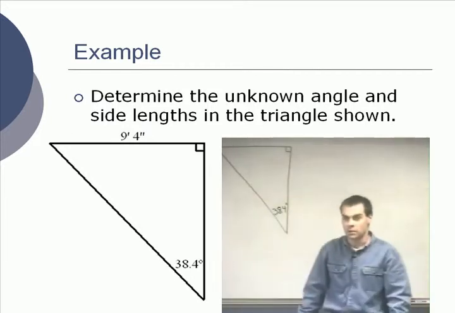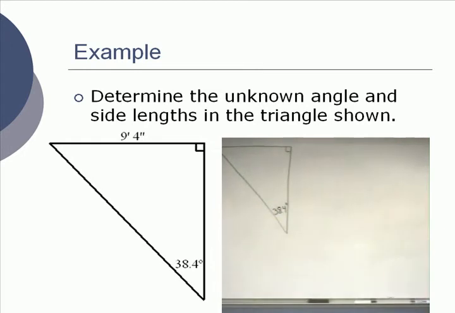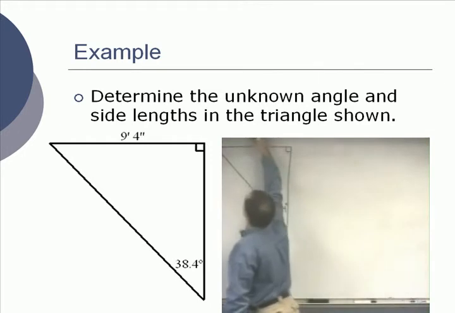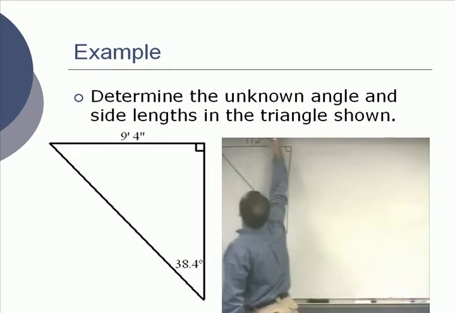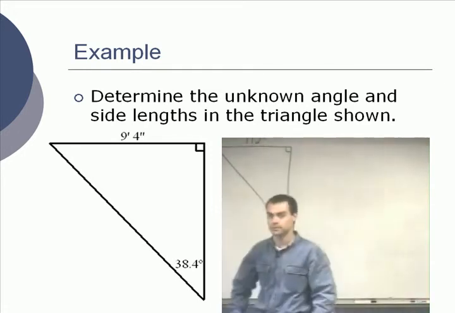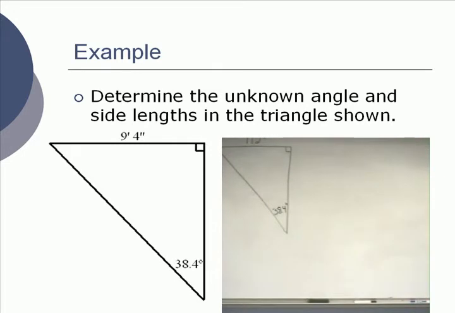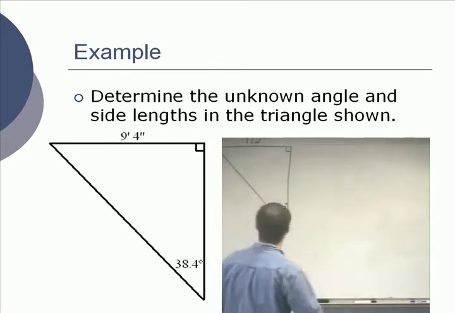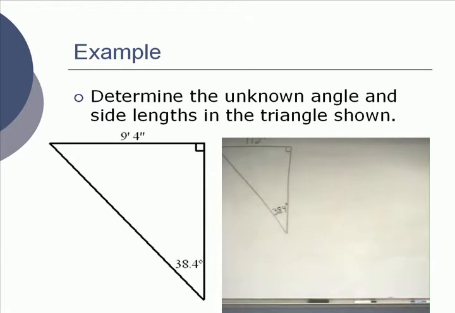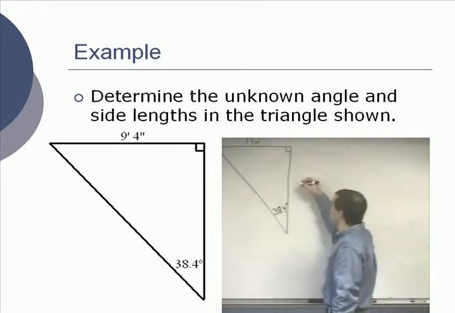Let's just put all of our units in inches. 9 feet 4 inches on the top, that's 112 inches up there. Okay, well, let's complete that triangle. First, let's find the sides first. Okay, there's a reason for this. We'll come back to it in a minute.